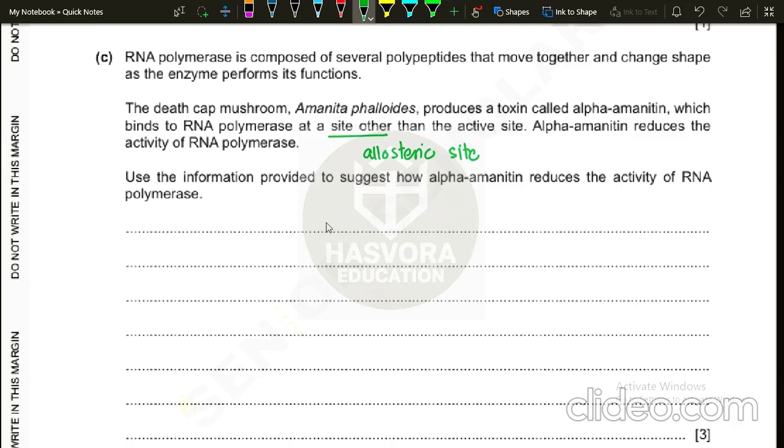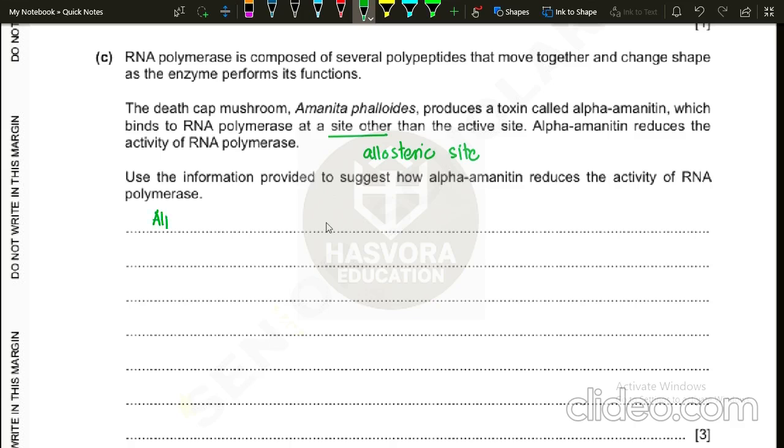It will change the 3D structure of the RNA polymerase, which is also an enzyme, and it will reduce the enzyme-substrate complex that is being made between the RNA polymerase and the nucleotide. It will prevent the nucleotide from binding to the RNA polymerase, and hence the activity will be reduced.